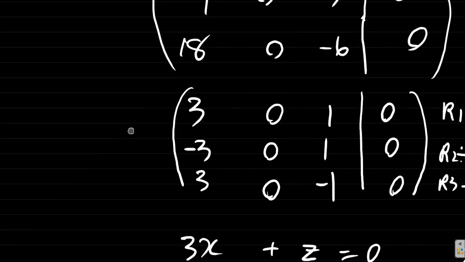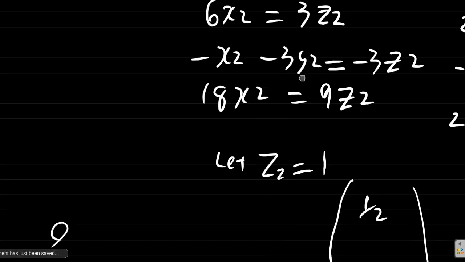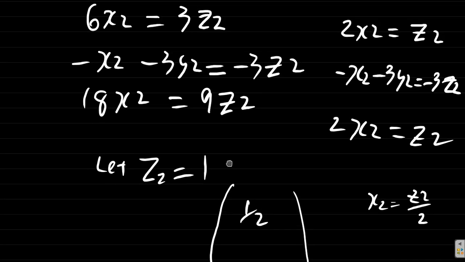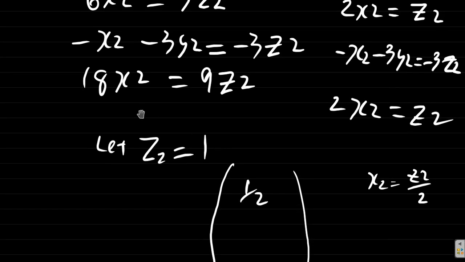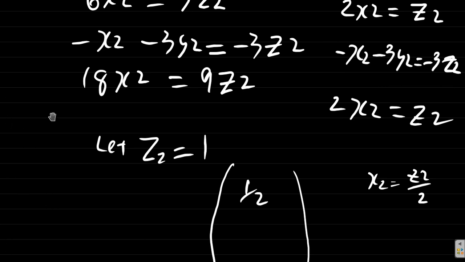Where were we again? Right, all the way here. We have x2 being half. So working on this one here, this is going to be negative half minus 3y2 equals negative 3z2.